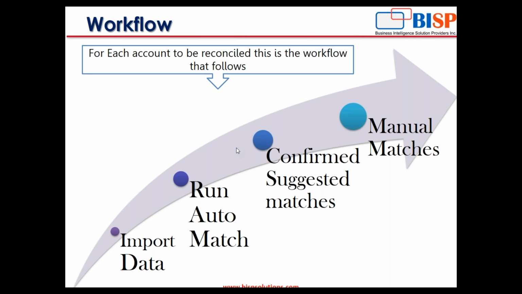When I'm running the auto match, it means that it is going to match by the set rules that we defined at the time of creating a match type. When I created the match type, I might have provided two, three, four, as many rules as I wanted, and on that criteria it is going to match the transactions.